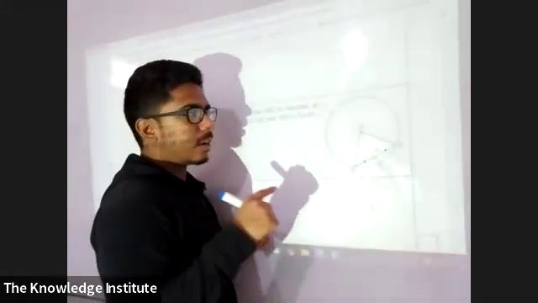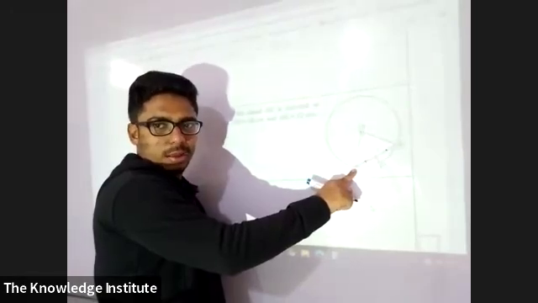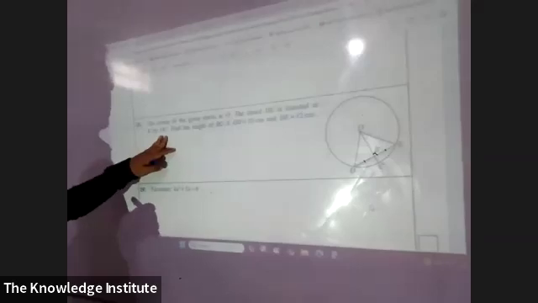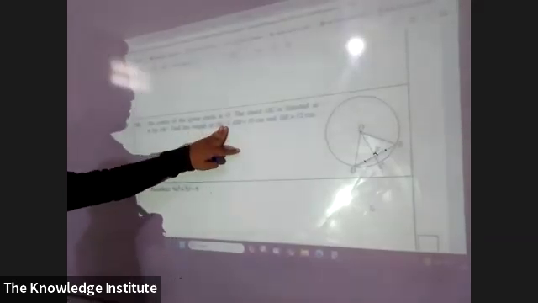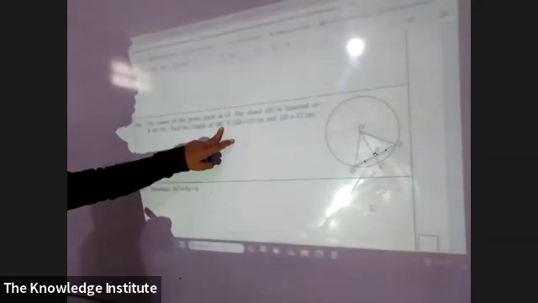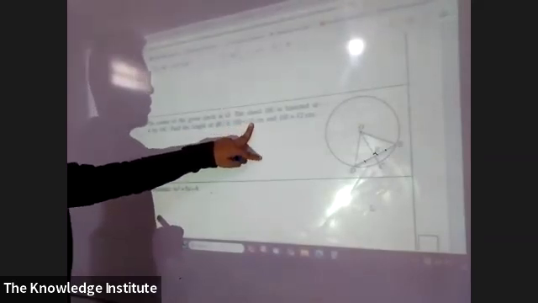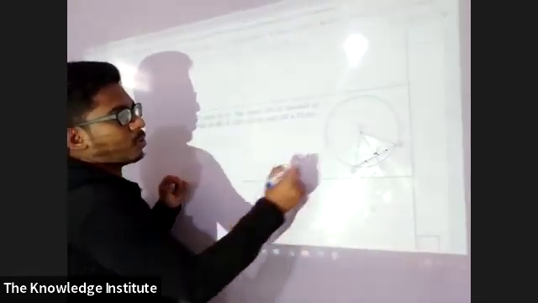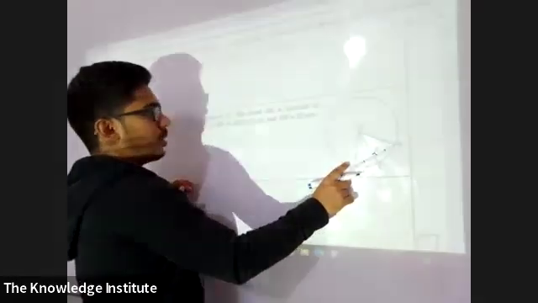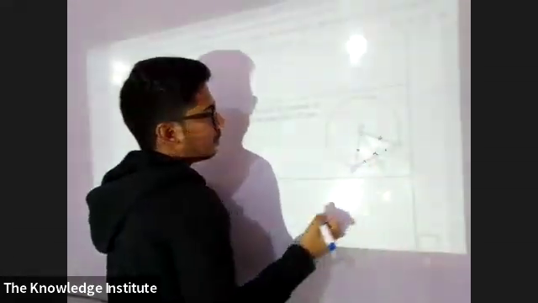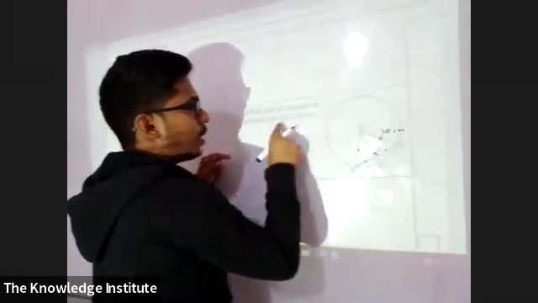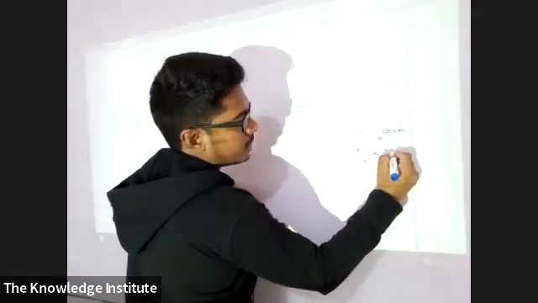And in the chords you studied, if we bisect a chord, then this angle will be 90 degrees, perpendicular. Find the length of BC if OD equals 10 centimeters and DE is 12. So OD is 10 centimeters, and DE is 12 centimeters.